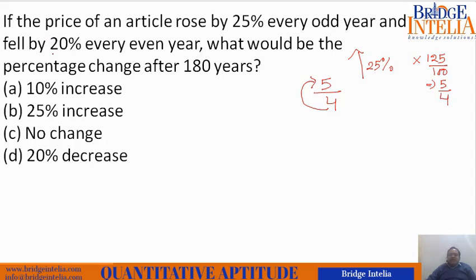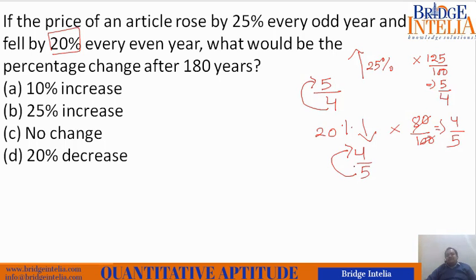Similarly, 20% decrease. Mathematics of 20% decrease. So 100 becomes 80, so 100 minus 20. So you have to multiply with 80 by 100. So 80 by 100 is 4 by 5. It means 5 becomes 4.